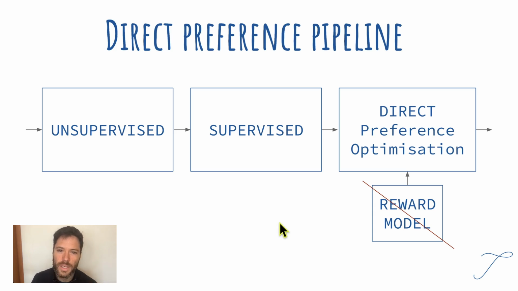Now, things got a little bit easier over the last half year with the introduction of more direct preference optimization approaches. These basically got rid of using a reward model and found ways to directly use preferred and rejected responses in order to align the model towards those better responses.